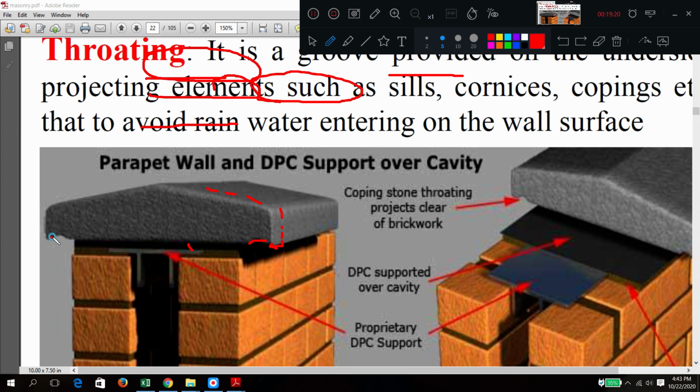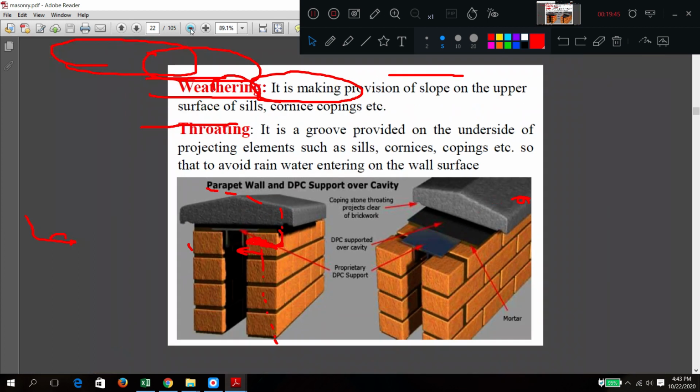Can you see? A small groove is made. So what will happen? Rainwater comes here, and here it will start accumulating. Later on it will fall here only. It will not go inside. So this portion where that cut is made is called a throat or throating. I hope it is clear.